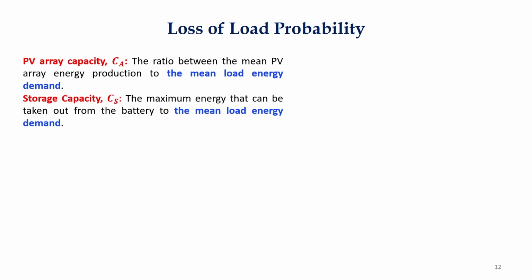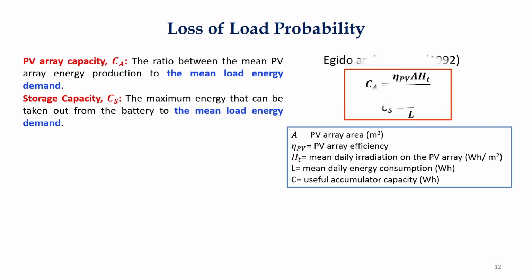PV array capacity, CA, is the ratio between the mean PV array energy production and the mean load energy demand, and storage capacity, which is represented by CS, is defined as the maximum energy that can be taken out from the battery relative to the mean load energy demand. We can estimate the values of CA and CS by using the expressions coined by Aguera and Lorenzo.